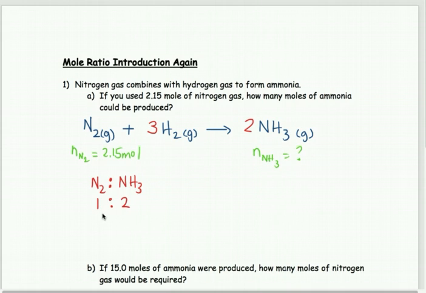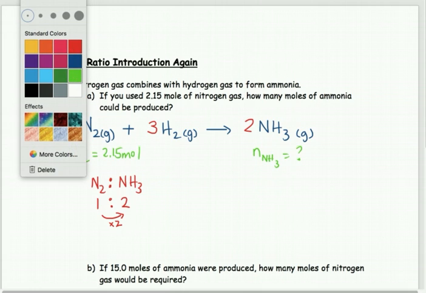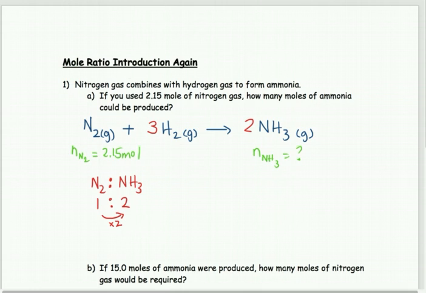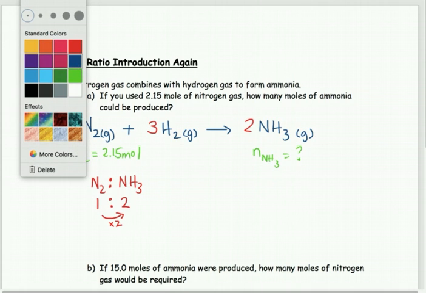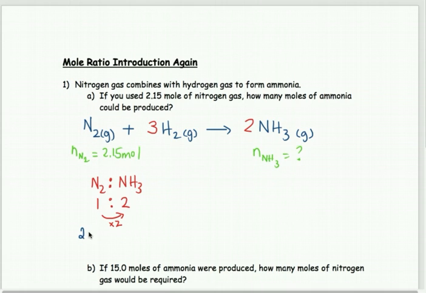That means if I know how much nitrogen I have, in order to figure out how much ammonia I have, I have to multiply by 2. So that's what we're going to do here with the value of the moles that we know from our question. We know 2.15 is the nitrogen here. So if I multiply this by 2, how much ammonia will I have?